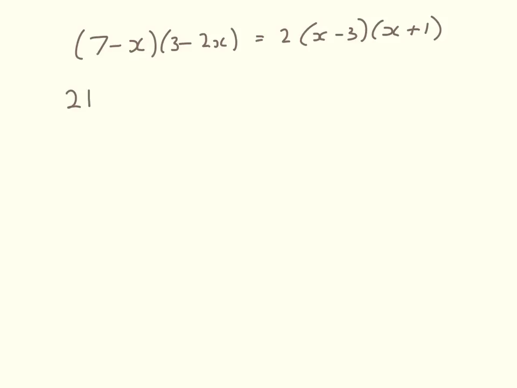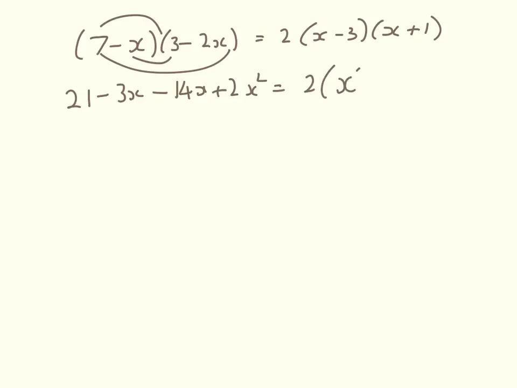Okay, cross multiplying gives me this: 7 take away x times 3 minus 2x equals 2 times x minus 3, x plus 1. Next task is to expand. So here I get 21 minus 3x minus 14x plus 2x squared. And that equals 2 times x squared minus 3 plus x, so minus 2x minus 3.